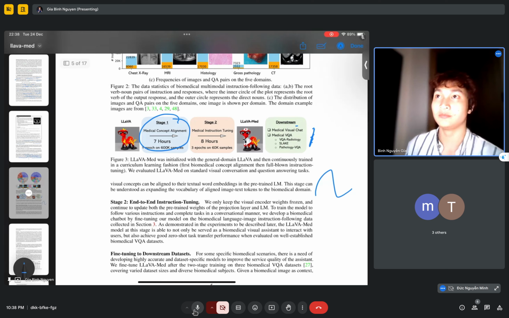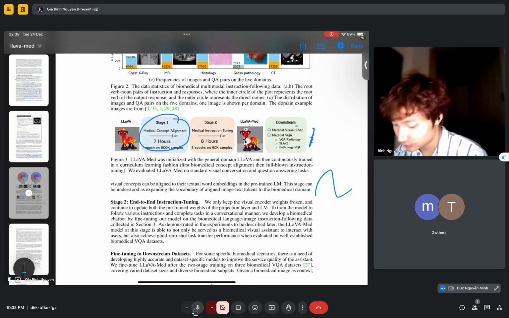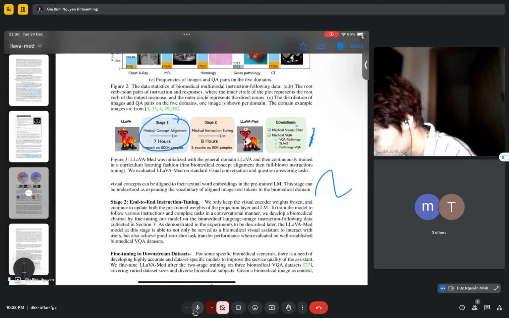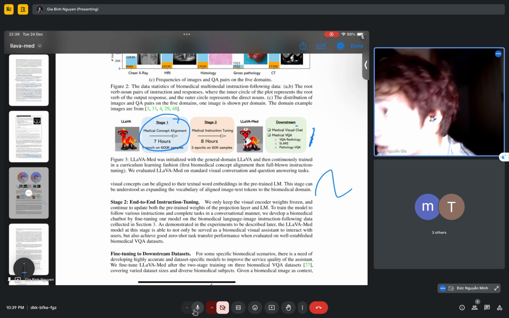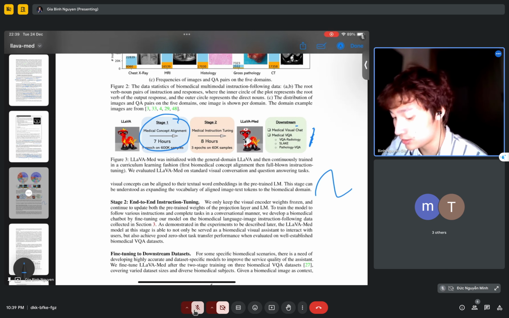Looking at figure 3, I am really curious about the reason behind the decision of training stage 1 with only one epoch and stage 2 with 3 epochs. In the paper, do they provide any insight about how they choose the hyperparameters? No, in the paper I don't see any mention of this.